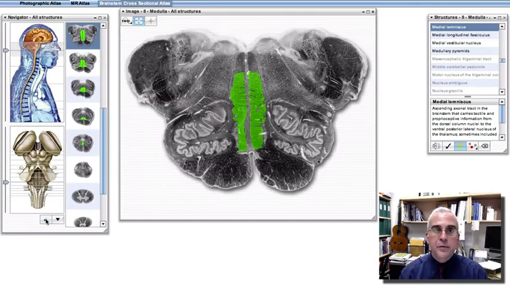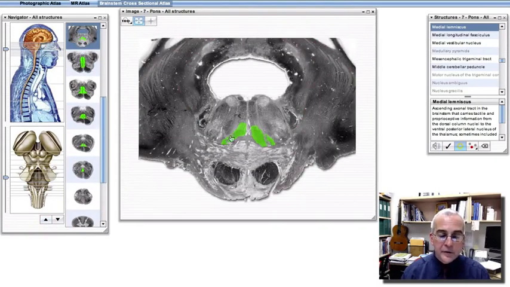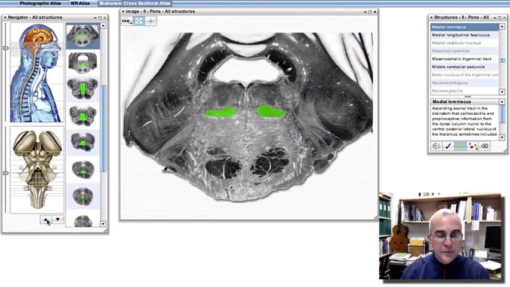Here we are through the medulla, and at this level, the medial lemniscus is in the anterior and posterior axis of the brainstem. But as we rise through the pons, the anterior part of the medial lemniscus begins to move out laterally. It's as if this medial ribbon is beginning to twist.